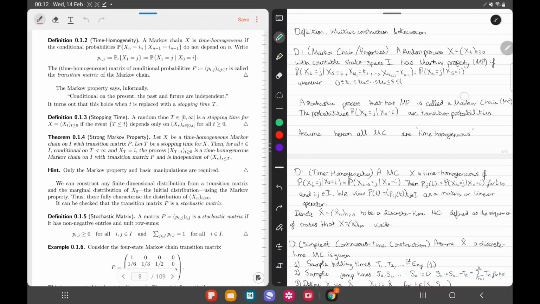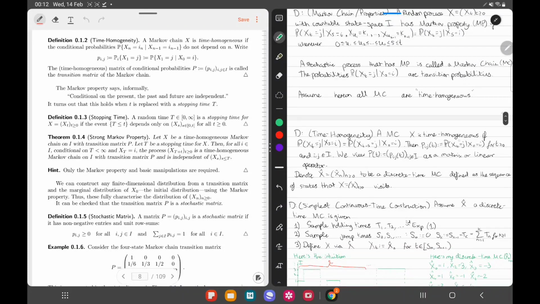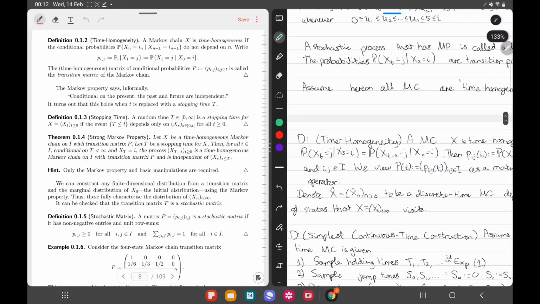So here you can read off time homogeneity in the same way. Remember how I mentioned time homogeneity really only means the difference in time steps is all that matters. Here it literally means the difference in time is the only thing that matters. So if I'm at time s at state i, then the chance of me jumping to state j at time t is the same as starting at state i initially and jumping to state j in t minus s time.